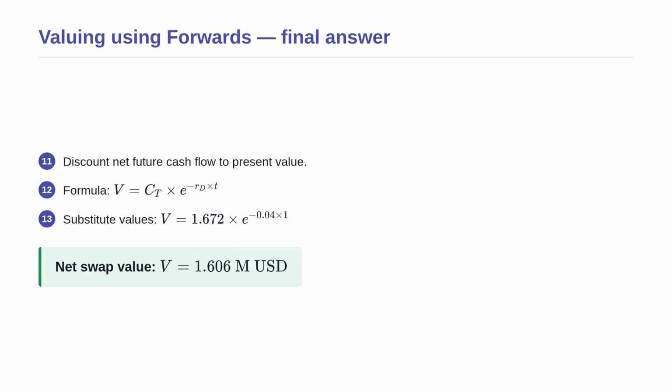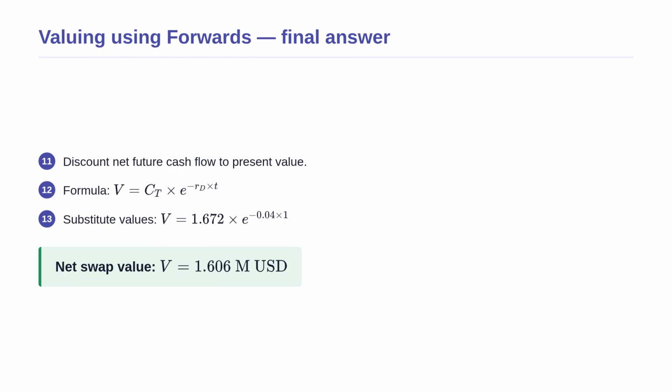We are almost done. We have our expected future profit of 1.672 million US dollars. But we need to know the swap's value today. We must discount this future profit back to the present. We set up our final equation, taking the 1.672 million and discounting it using the US domestic interest rate of 4% for the 1-year period.